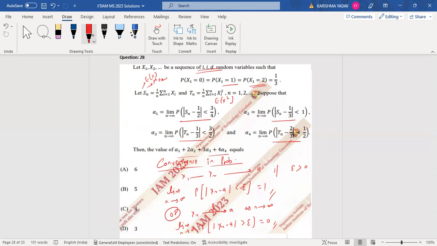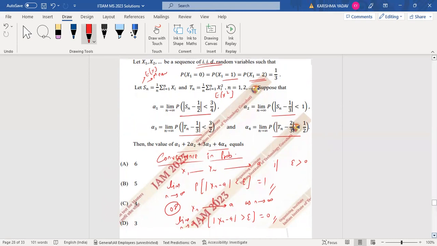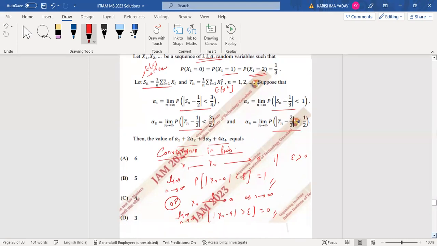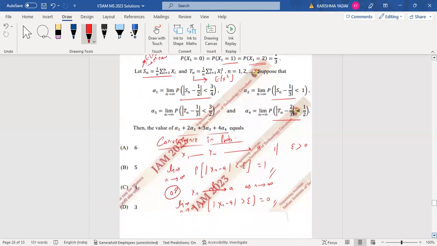So let's first find out what my Sn and my Tn are. Sn is equal to 1 by n sigma xi, which I got is actually the expectation of x, and Tn is equal to 1 by n sigma xi square, so Tn is the expectation of x square. Let's find these Sn and Tn first.